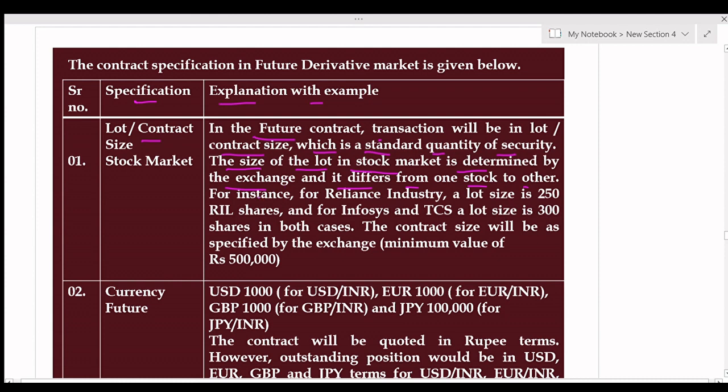For instance, for Reliance Industries Limited, the lot size is 250 shares, and for Infosys and TCS, the lot size is 300 shares. In both cases, the contract size will be as specified by the exchange, a minimum value of rupees 5 lakhs.